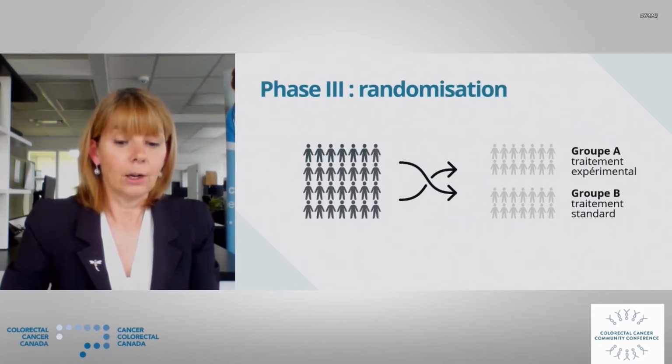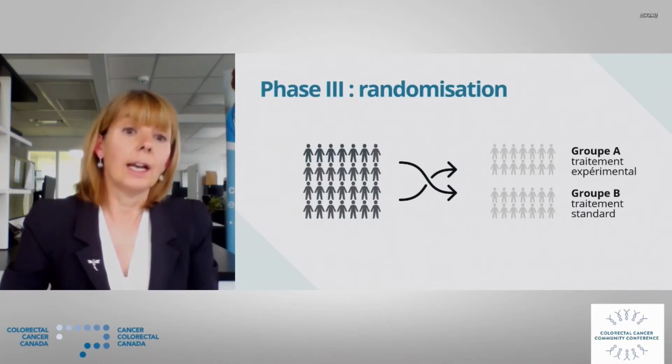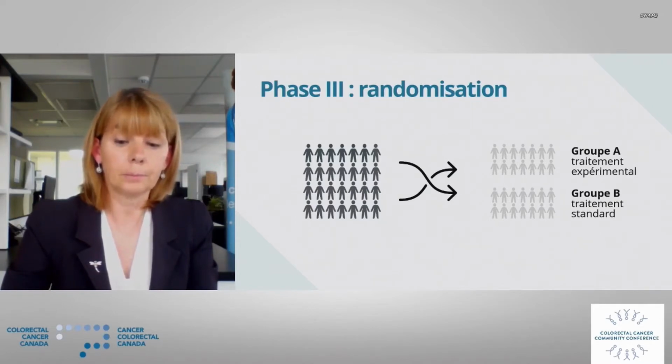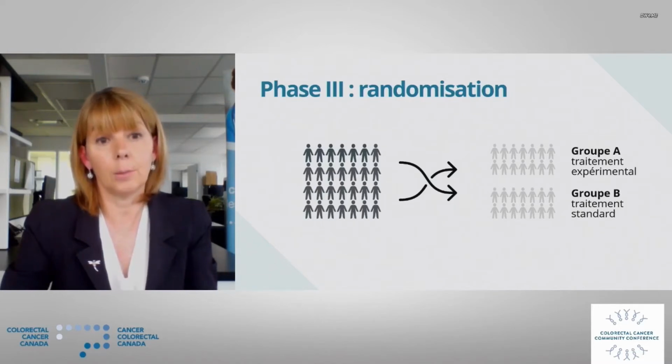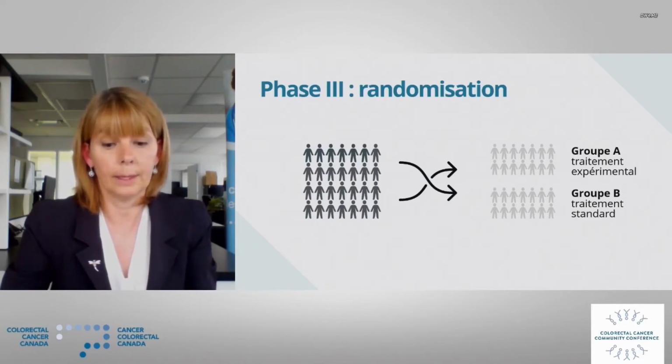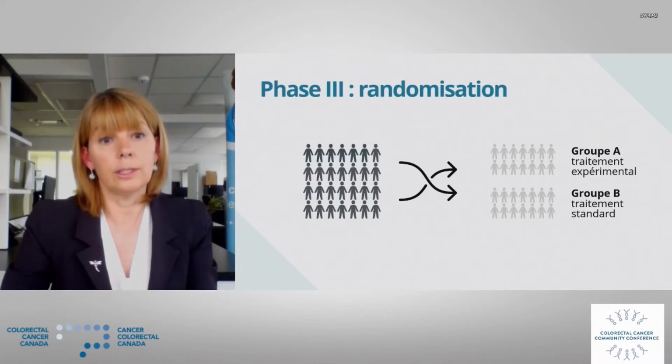Next slide, please. So in a randomized trial, as is usually the case in phase 3 trials, we will compare the assessment. So here you can see the diagram. An experimental treatment is compared to a standard treatment, one which is usually used for a treatment program.